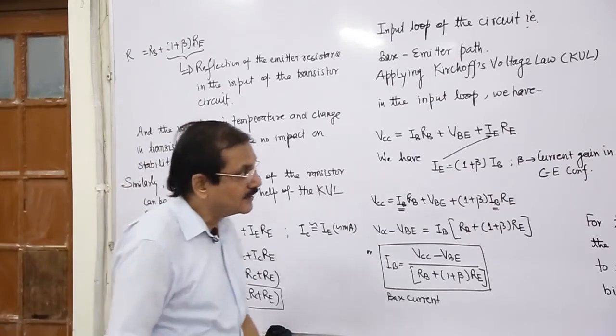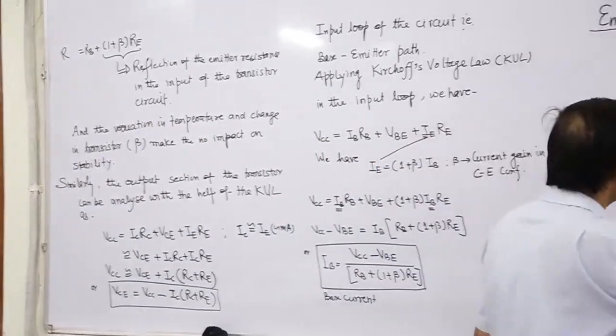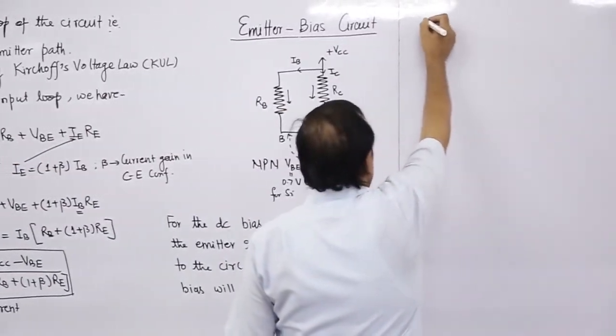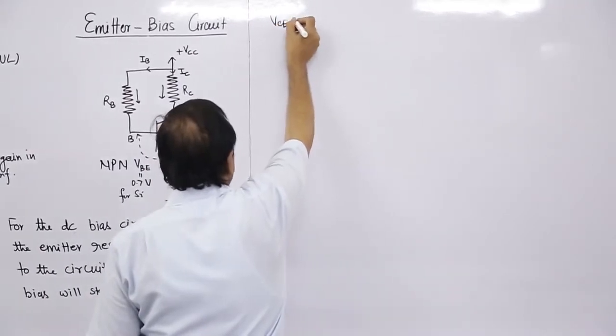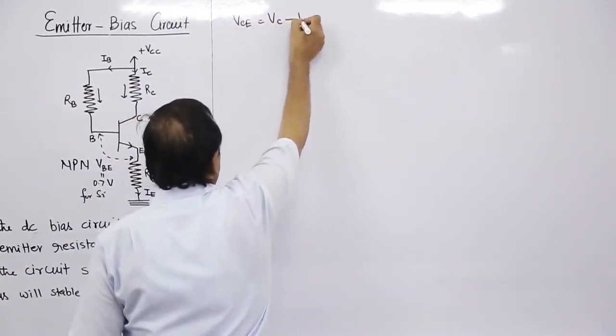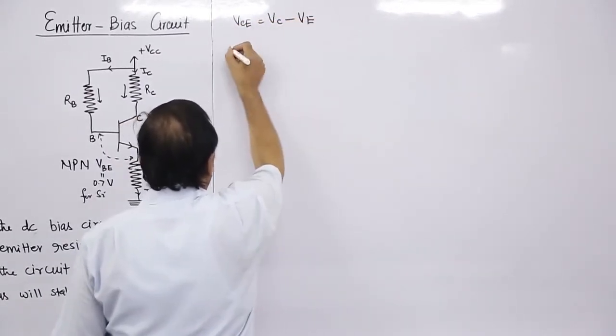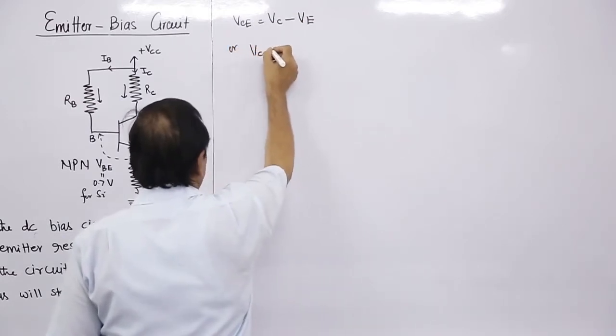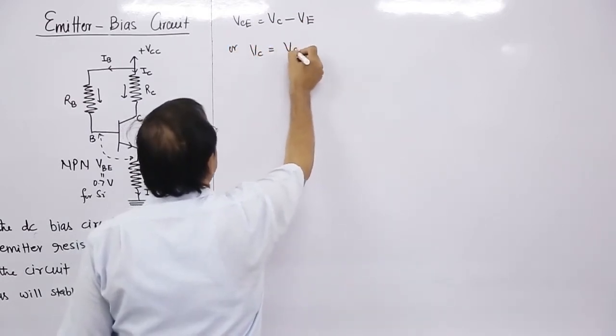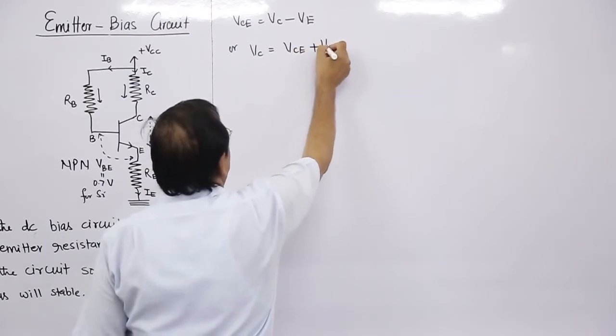Now, this voltage VCE is equal to VC minus VE, or VC is equal to VCE plus VE.